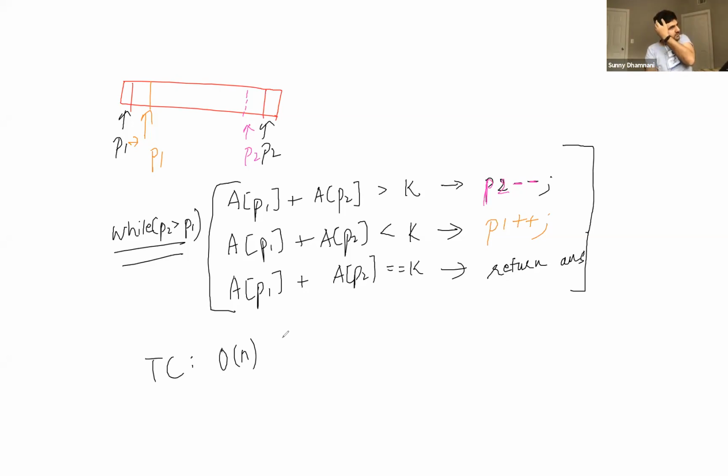So we found an algorithm with order n time complexity, and if you recall, we started from n square, then using your binary search knowledge, we brought it to order n log n, and now we pushed it further down to order n, right? So we satisfied our greed of bringing the time complexity down.